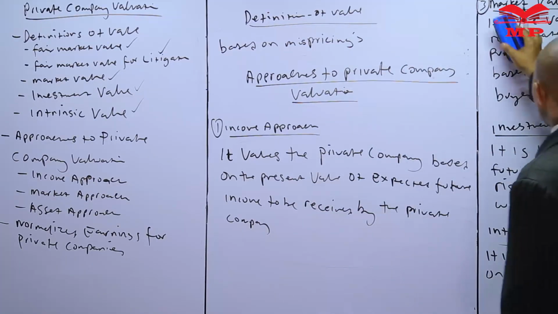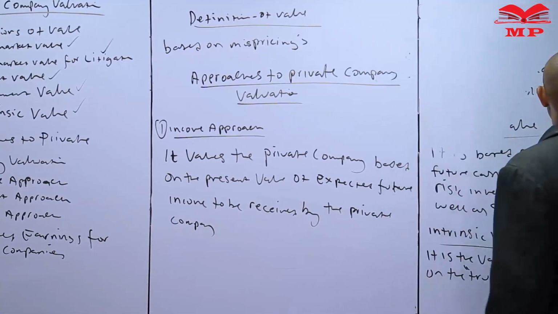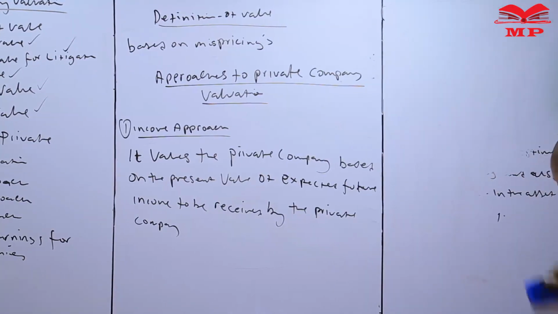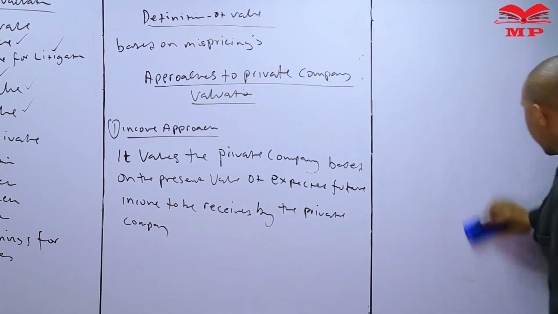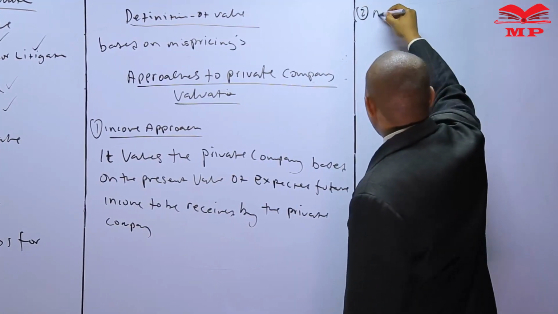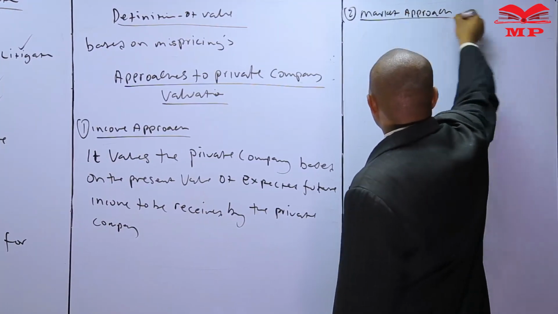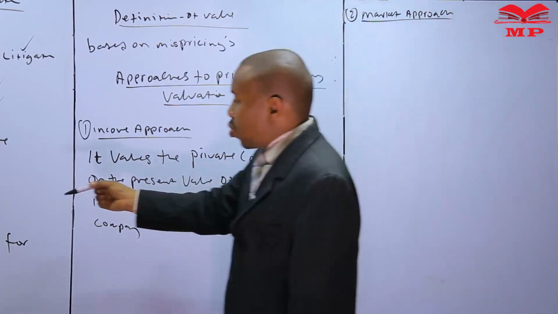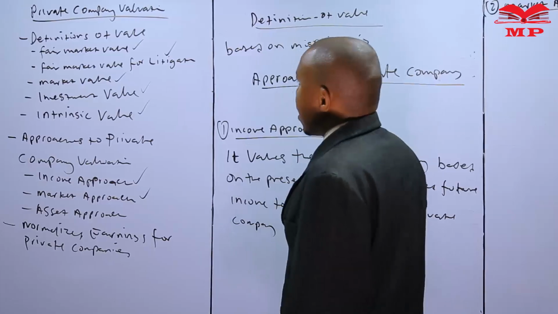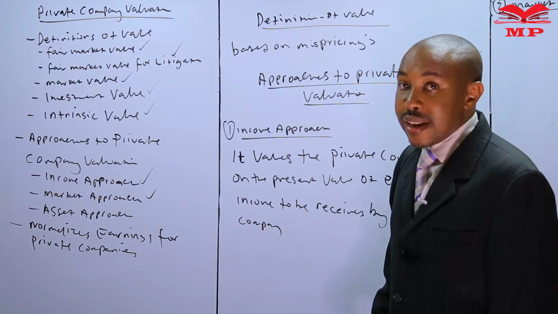Now, having looked at the income approach, let's look at the market-based approach to valuing private companies. Two is the market approach. One thing you need to note under the market approach is that it values an asset based on comparable sales data.